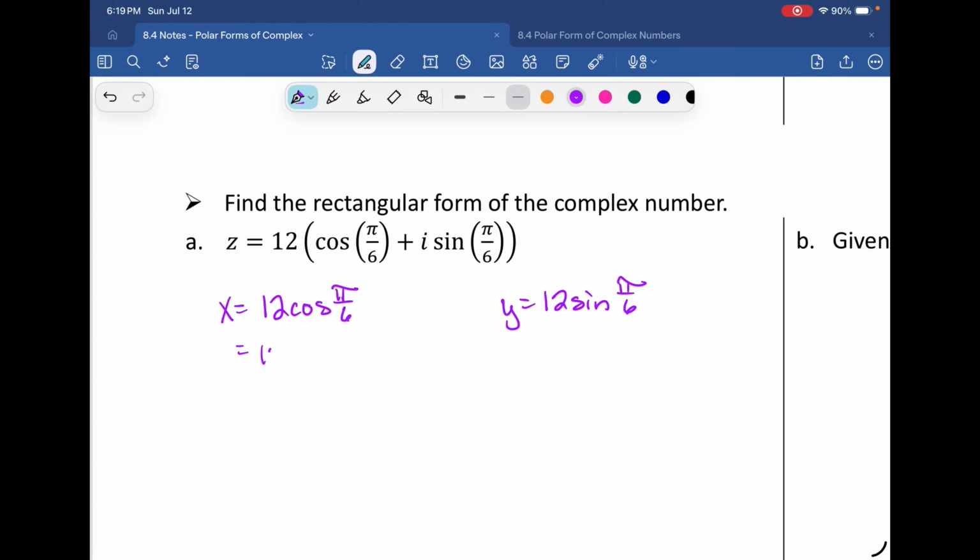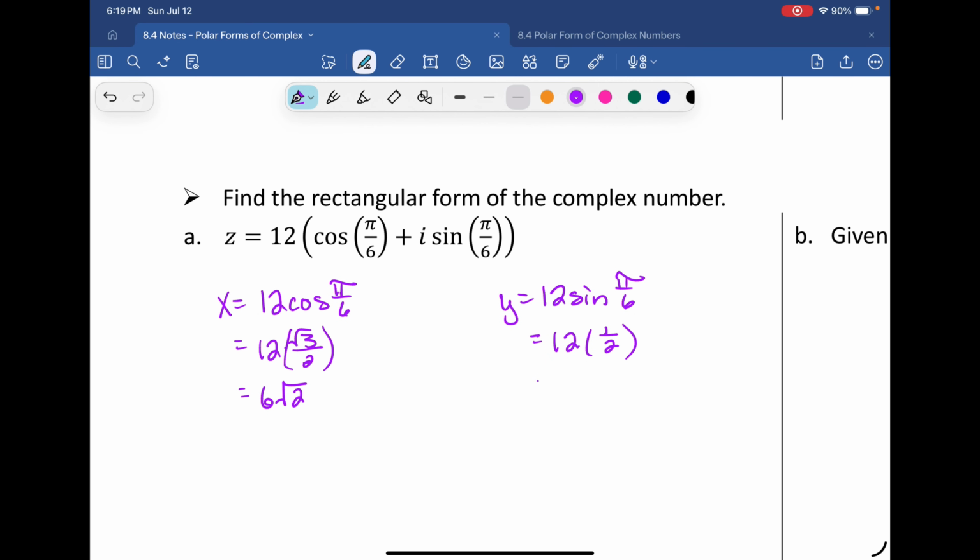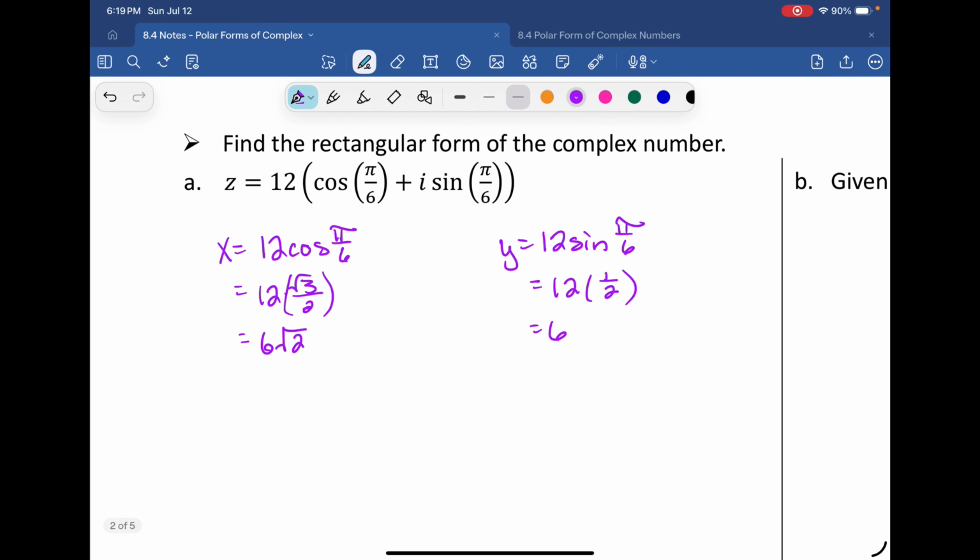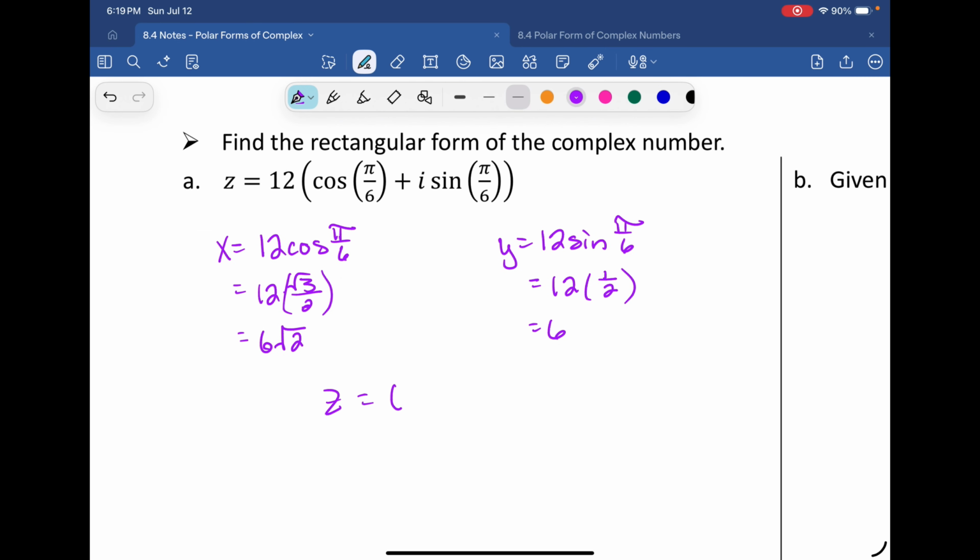All right, so cosine pi over 6 is root 3 over 2. And then sine is 1/2. So then b equals 6 root 2 plus 6i.